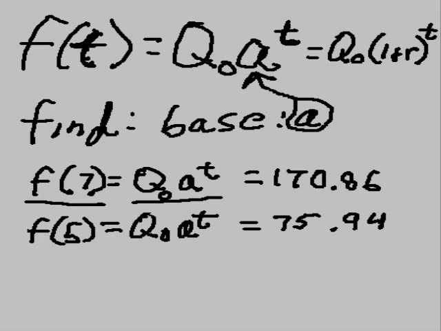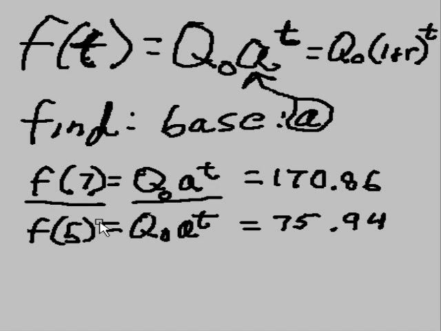Well, that makes sense. It's just that this particular q sub 0 a to the t power equals 170.86, while this one equals this guy. But it still looks confusing because they're the same thing.